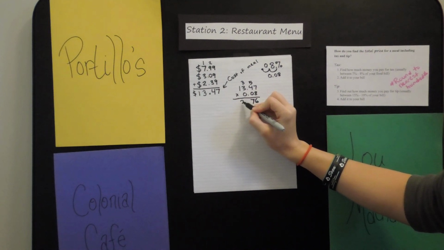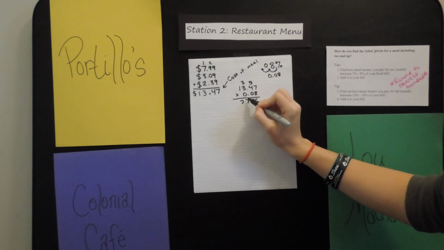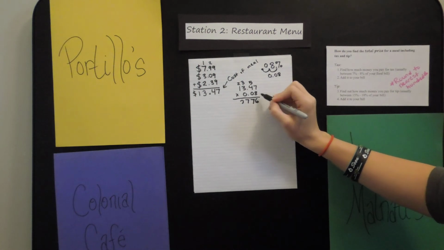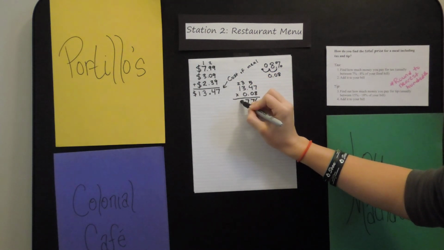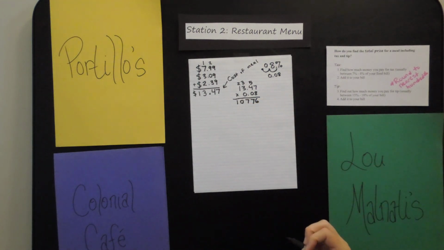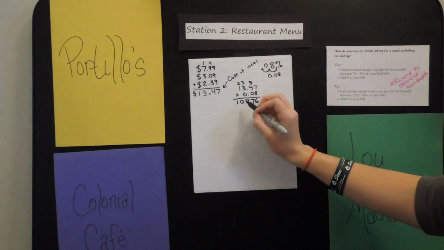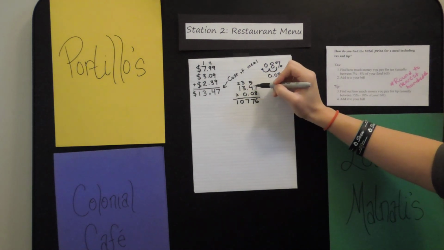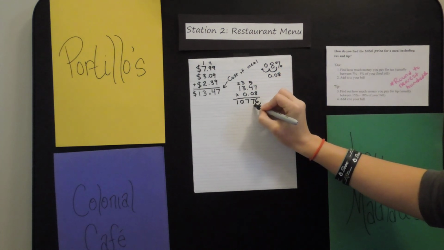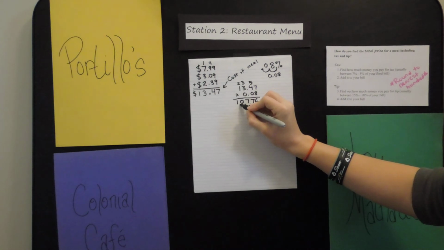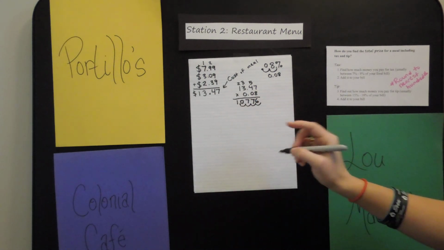So we'll put the 7 here and carry the 2. That was my bad. 8 times 1 is 8, plus 2 is 10, so we'll just make that into a 10. So we'll get 10776, and there are 4 numbers after a decimal in our problem, so we'll move the decimal over 1, 2, 3, 4 times.